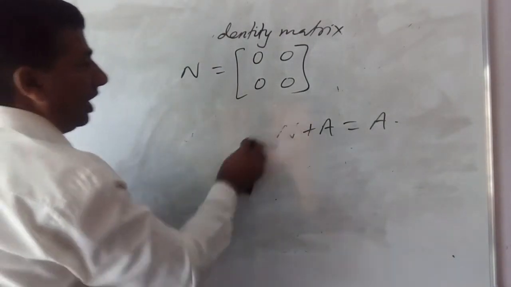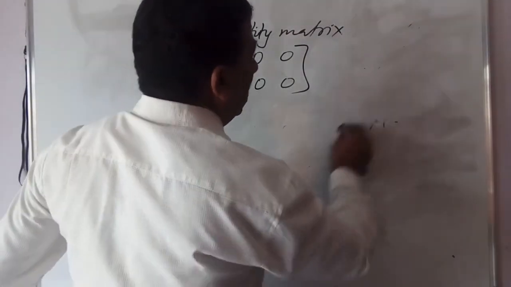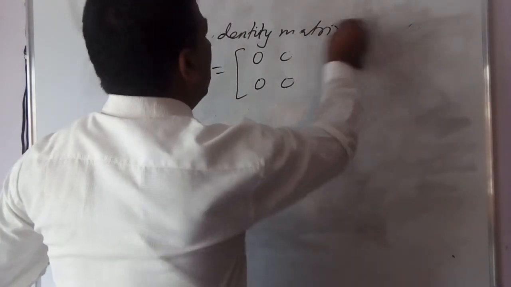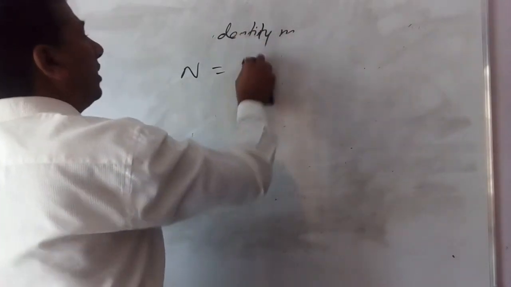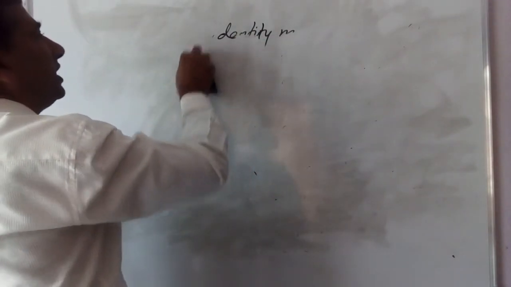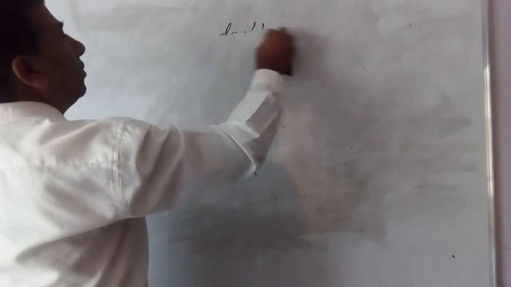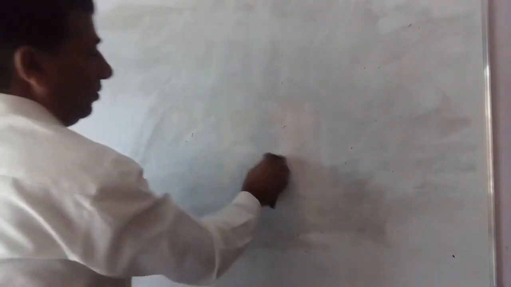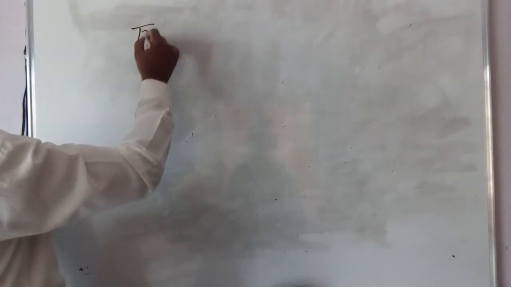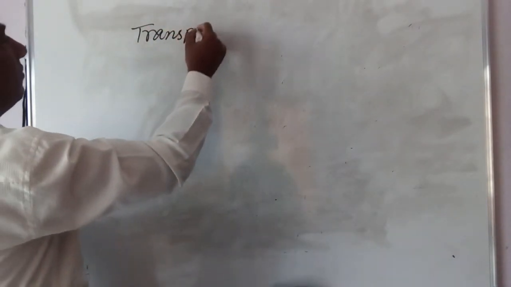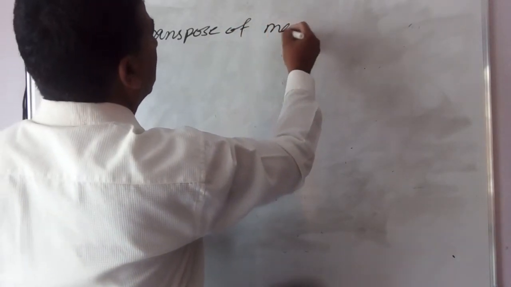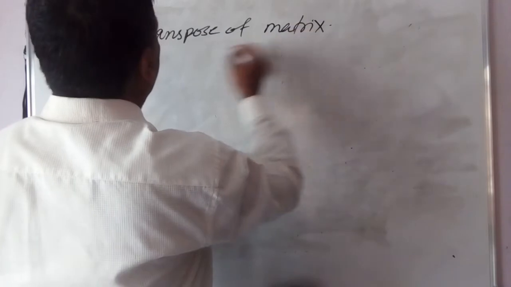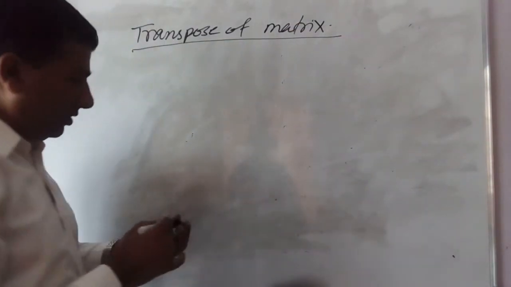Now after this, I'll give the next simple matrix, that is transpose. What is the transpose of a matrix? Now the next one is the transpose of a matrix.